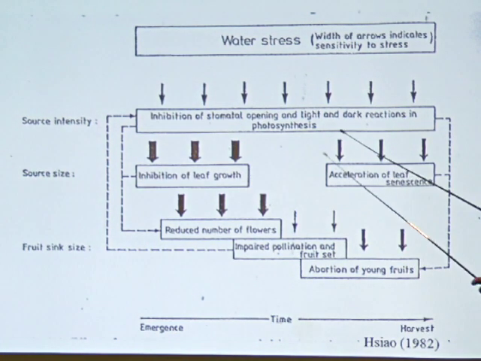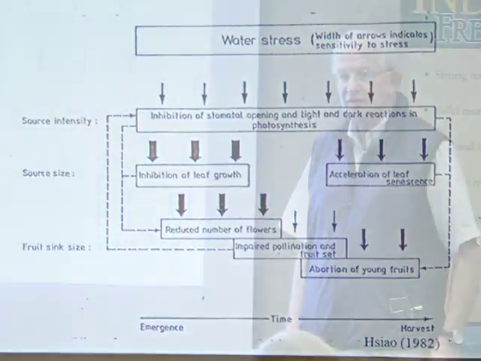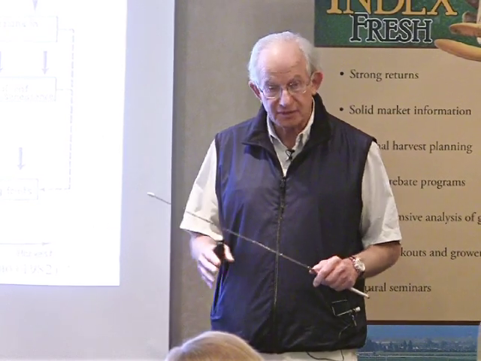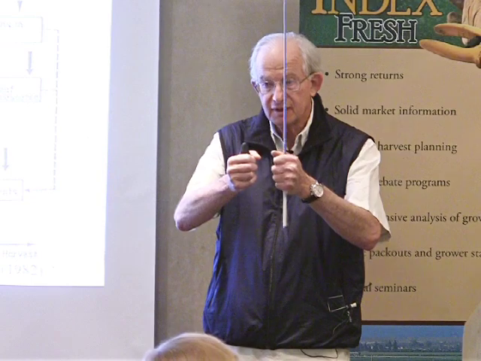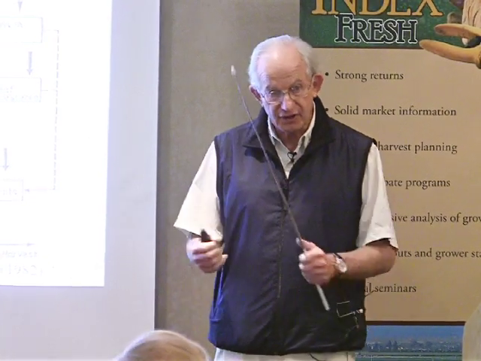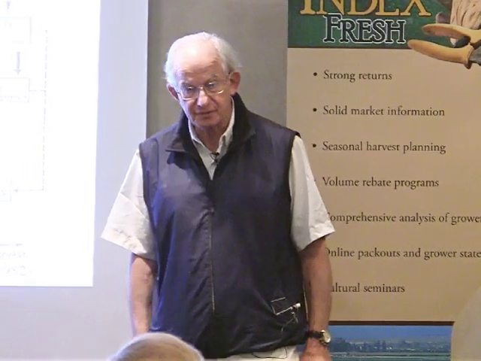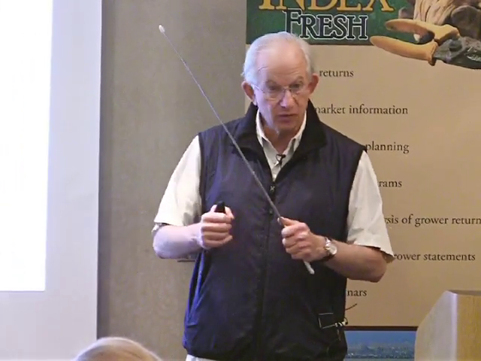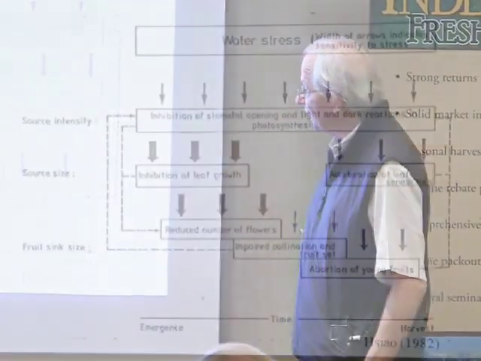And we also know that the opening and closing of stomates has a link with potassium. You have these guard cells, and the function of those guard cells is dependent on good levels of potassium. When you have a deficiency of potassium, the guard cells don't work as well as when you have better levels of potassium in your leaves.